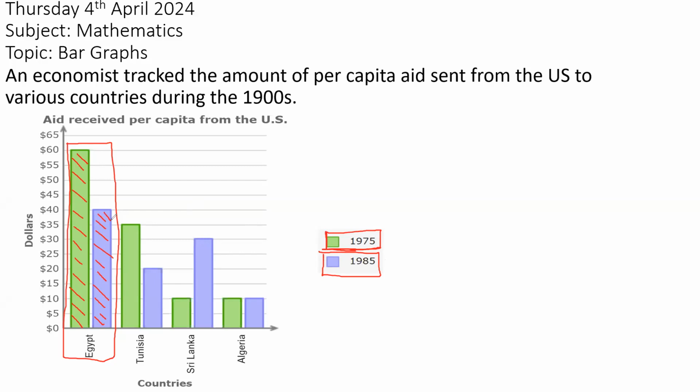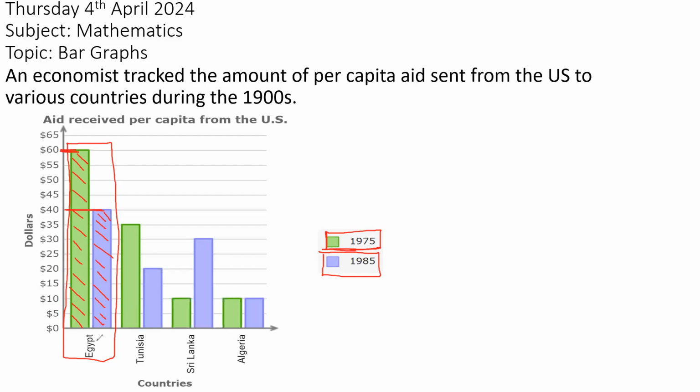So let me run that back again. To Egypt in 1975, how much money was sent? 60, very good. And to Egypt in 1985, how much money was sent? $40, right?